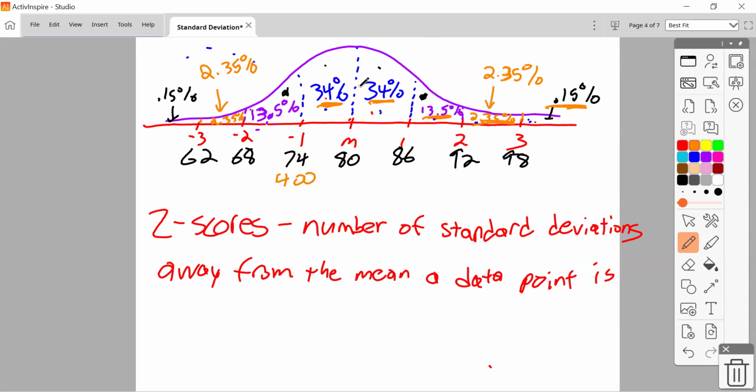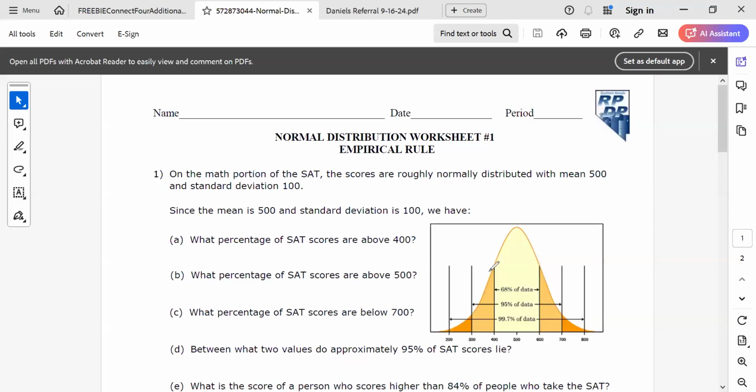It's a few more numbers to add up, but as long as you got the numbers right, you know how to type in the calculator, you put your decimals in the right spot, you'll get the right answer. If we go back to this sheet, this is kind of the approach they took on the first problem in the Khan Academy video.